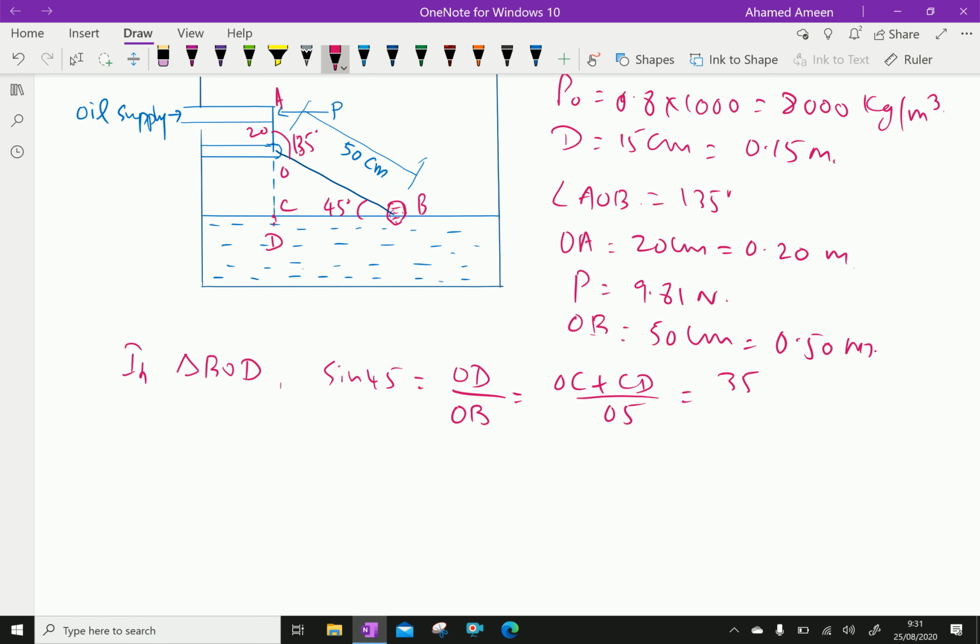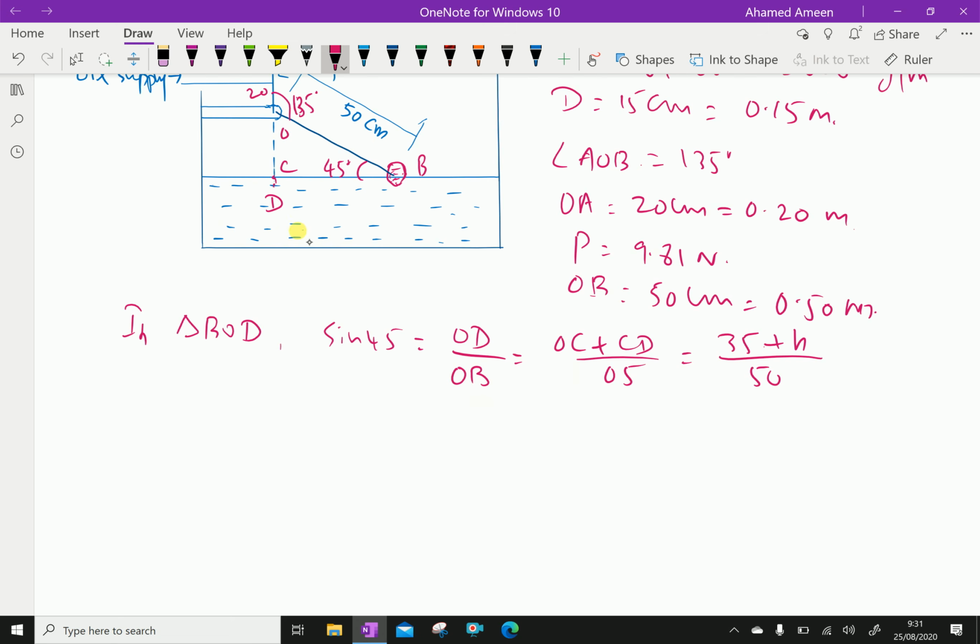We can put it in centimeter because it is a ratio. Therefore, plus H over 50. Therefore, sine 45 is 1 by root 2 equal 35 plus H over 50, which gives H equal 50 over root 2 minus 35.